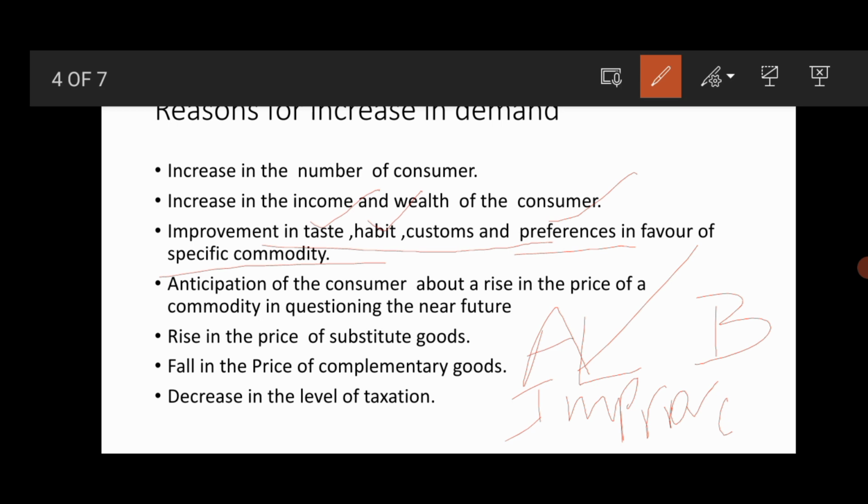So because of that people are purchasing more of this commodity than that commodity.